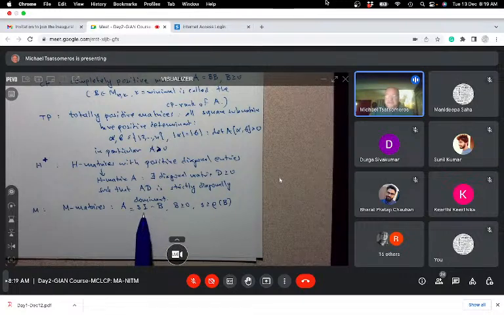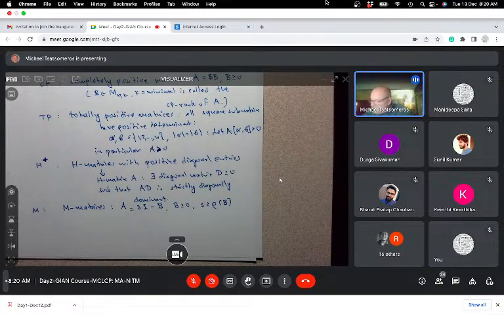Because you've shifted the eigenvalues of minus B by something that's at least as big as the spectral radius, so you've moved all the eigenvalues of minus B to the right half plane. So these are a very well-known class of matrices, and I think they will be discussed in detail in a later session. All right, going on for a few more.